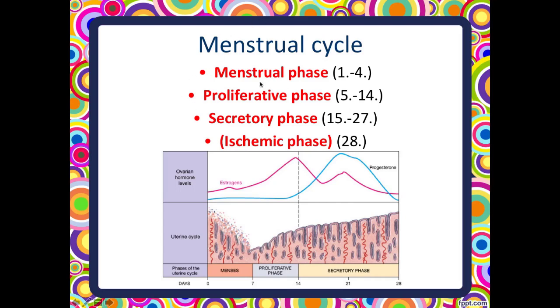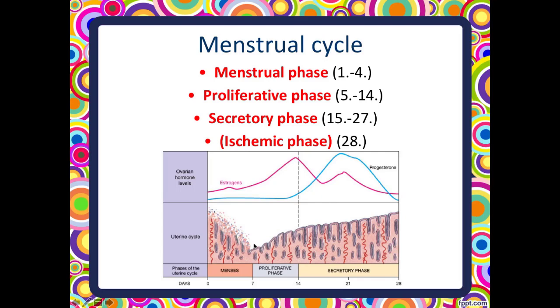Then the proliferative phase starts. It's about day 5, and the proliferative phase occurs concurrently with the follicular maturation in the ovary, and it is influenced by the secretion of estrogens from the ovary. So that's the follicular phase.